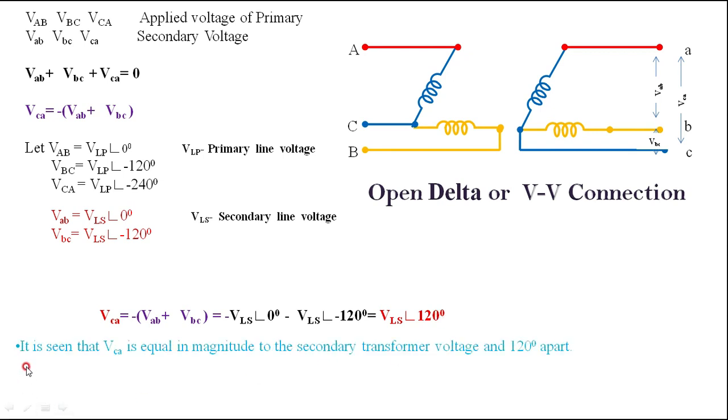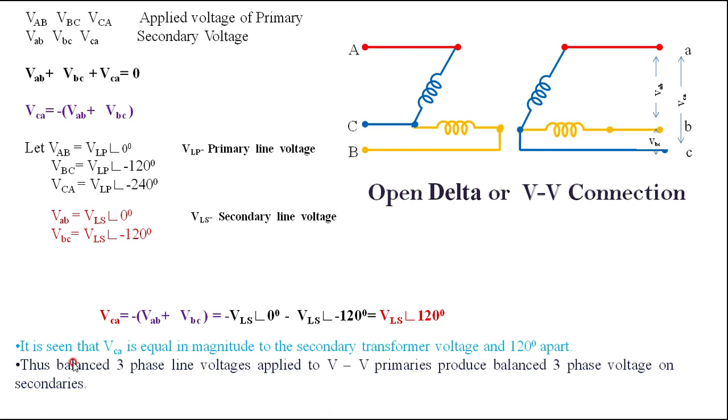Therefore, we come to the conclusion that vca is equal in magnitude to the secondary transformer voltage and 120 degree apart, and thus a balanced three-phase line voltage is applied to the delta. Because in the primary we are applying a balanced three-phase voltage, even though it is open delta, we get a balanced three-phase voltage across the secondary of the open delta. That is what I mean.